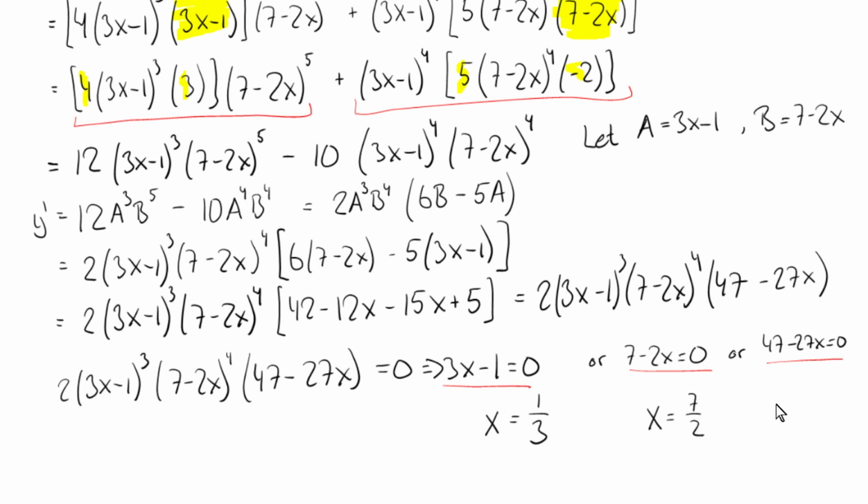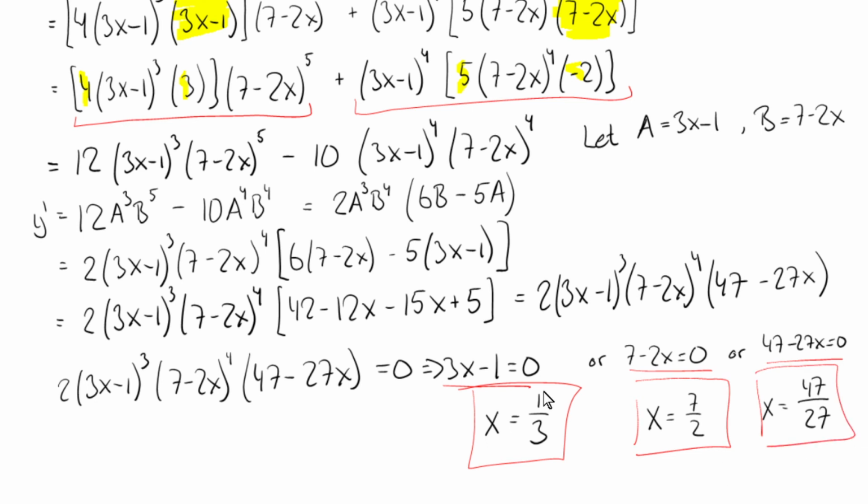And finally over here, x will equal 0 when it equals 47 over 27. Okay, so these are the three roots. These are the values for x at which point the original function has a horizontal tangent.